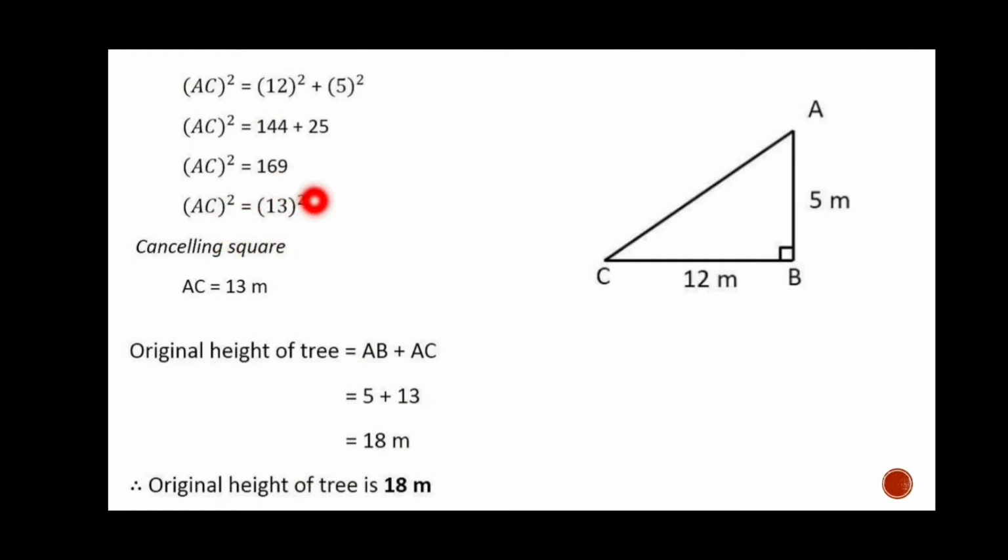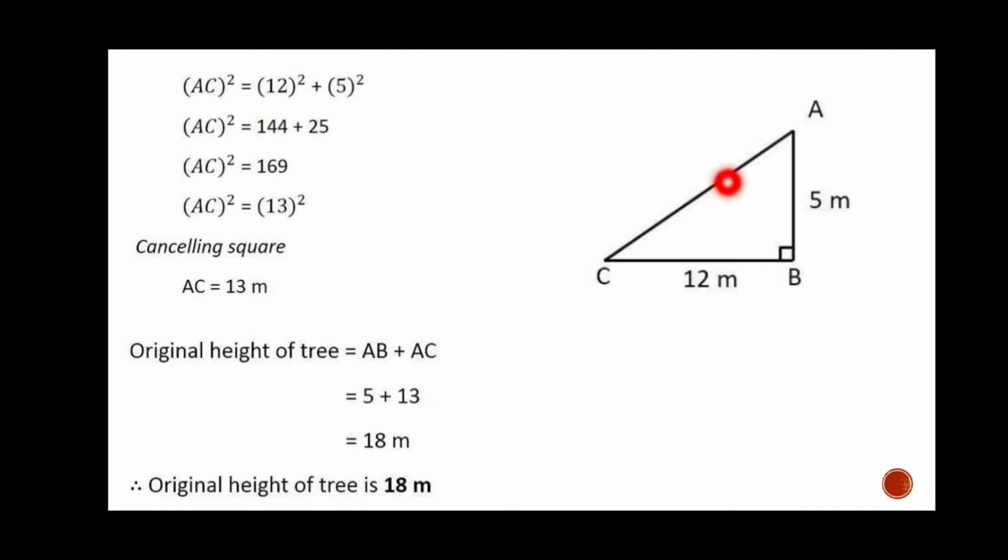Now we have to find the number whose square is 169. By using the prime factorization method, the number is 13, and we will cancel the square on both sides. So the hypotenuse AC will come 13 meter.